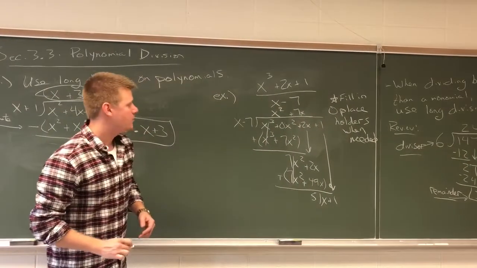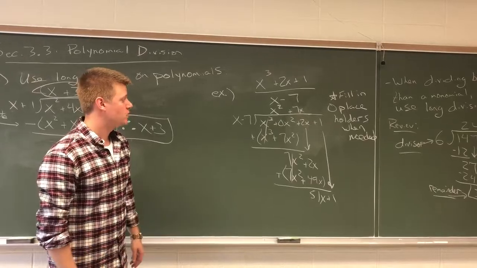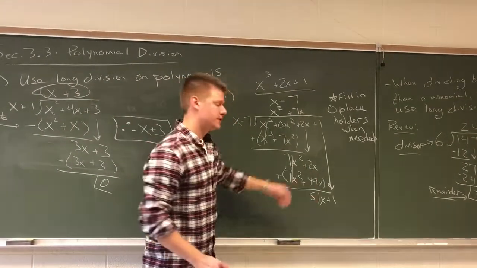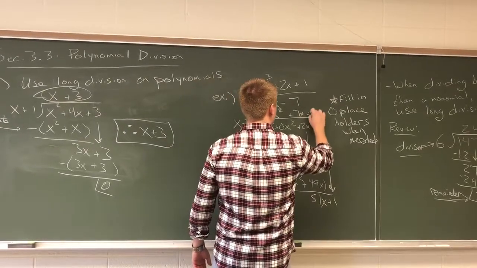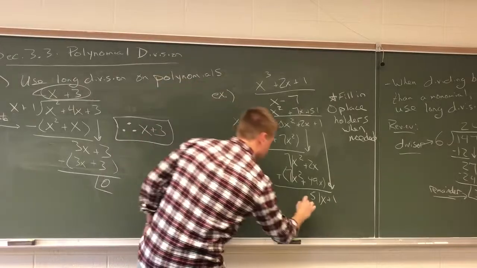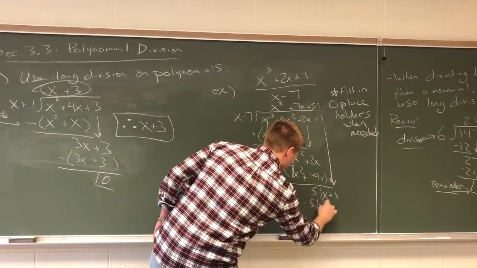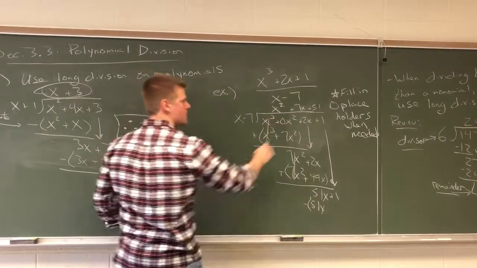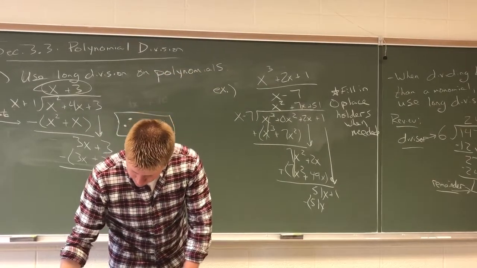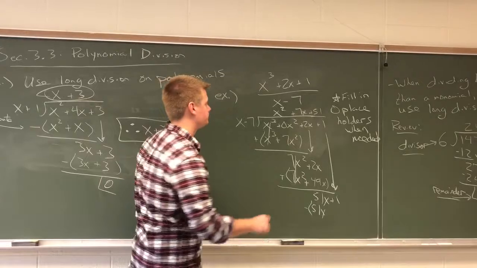So now we divide into 51x plus 1. What multiplied by x is 51x? The answer is 51. 51 times x is 51x. 51 times -7 is -357.